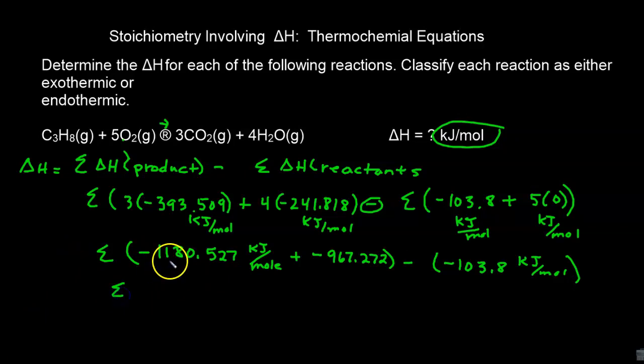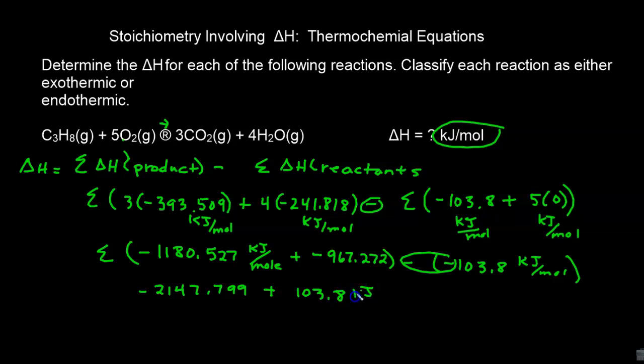And so we need to just come in here and add these 2 together. Okay, so I put the 2 together. I've got a negative 2,147.799. Again, double negatives here is actually going to make that a plus 103.8.